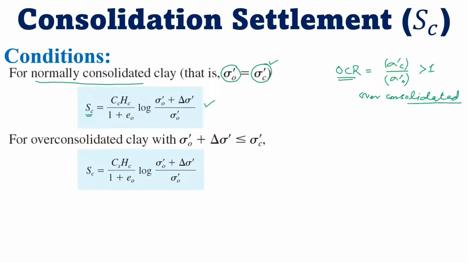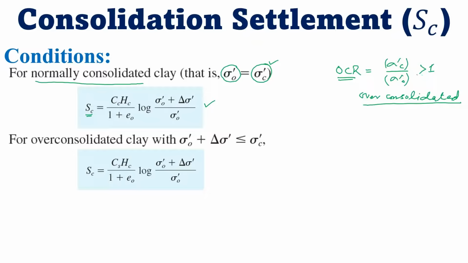It means it had a maximum stress in the past as compared to the present time. We will check in this example how the past stress is more as compared to the present stress. Now we check if sigma dash C over sigma prime naught is greater than 1. So what will we do?